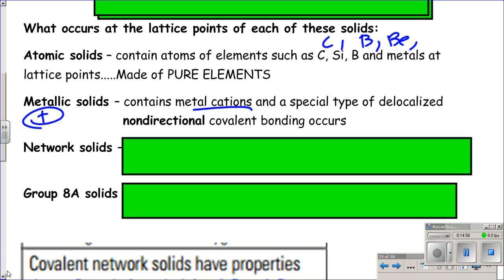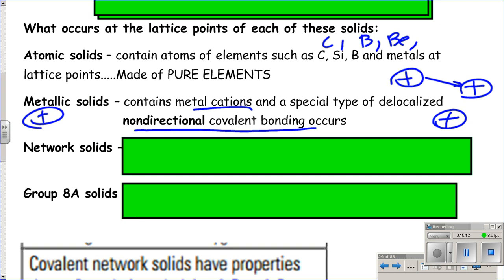Delocalized electrons are nice because that allows for 100% always conductive, no matter what state it's in. The whole non-directional bonding, ignore that really. It just means there's a cation here, cation here, cation here, with electrons around them. They have lots of directions in which the attractions can occur to all the electrons surrounding them. So it's not unidirectional, it's non-directional.